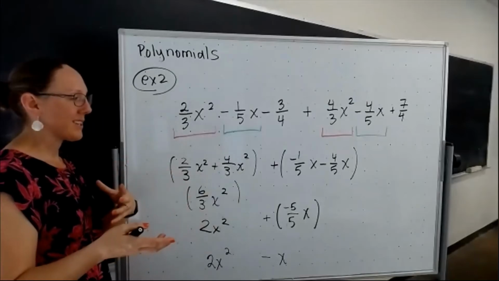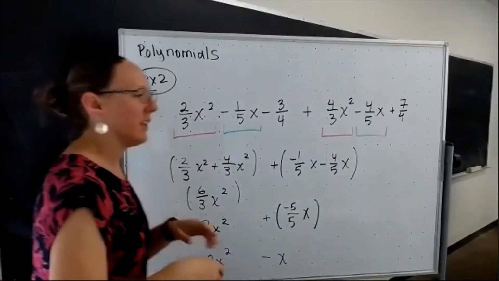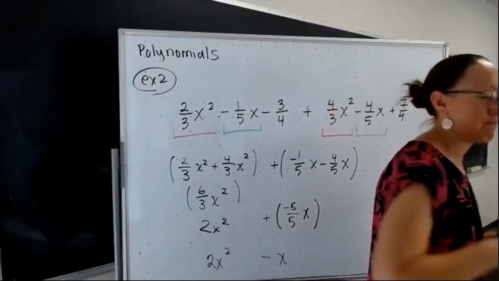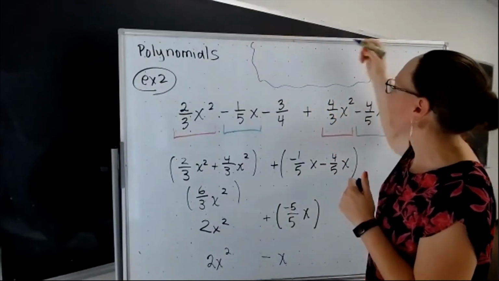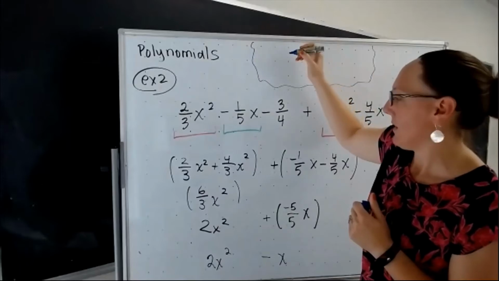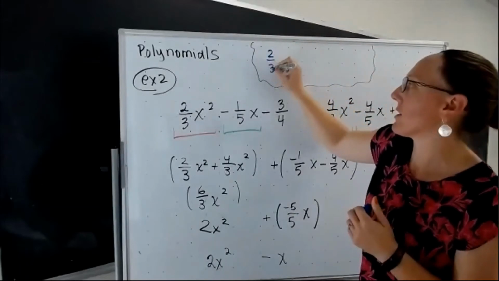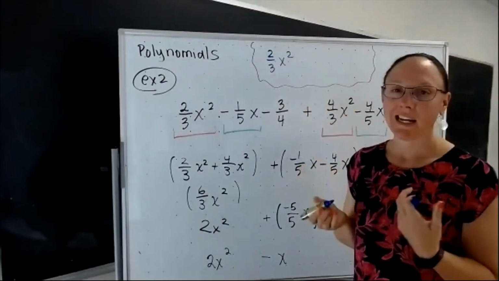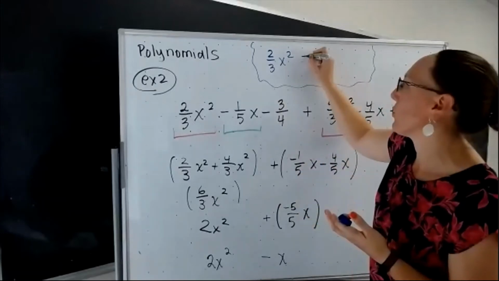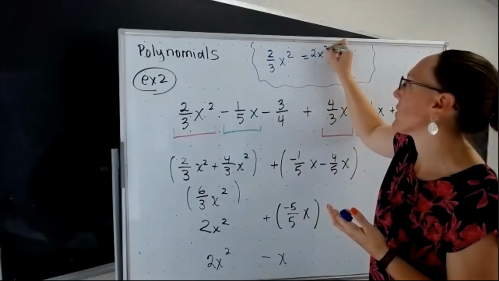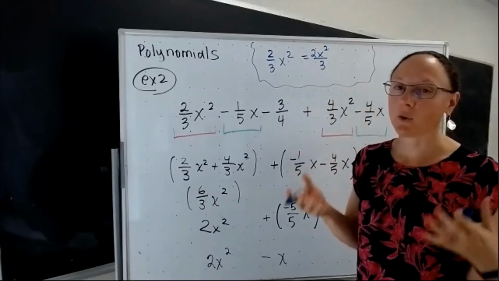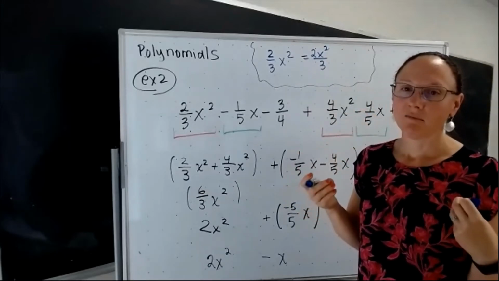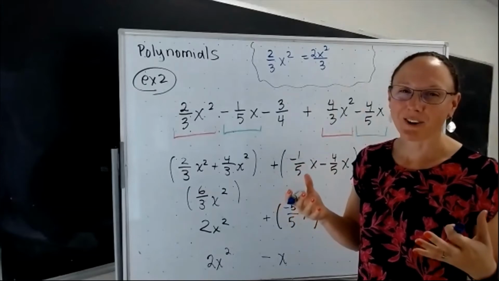Part of that is like a visual notation thing, that when I have something like 2/3 x squared, this is equivalent to writing 2x squared over 3. These two are equivalent, even though one looks kind of different from the other.